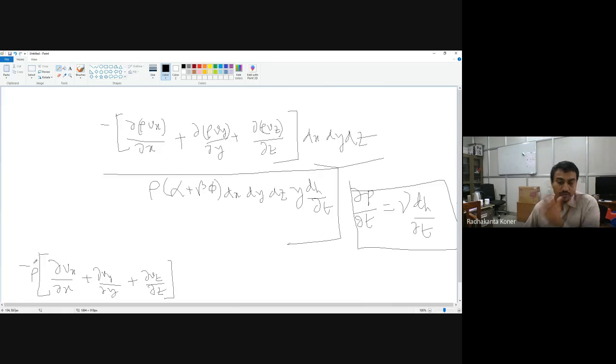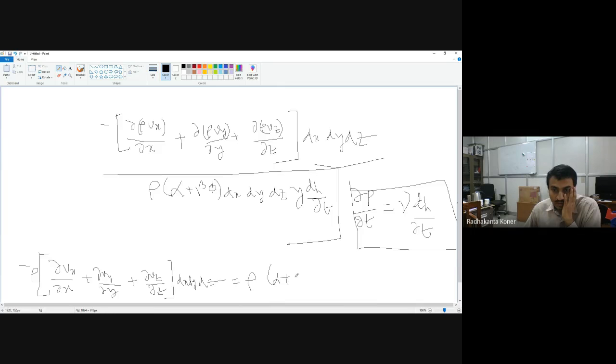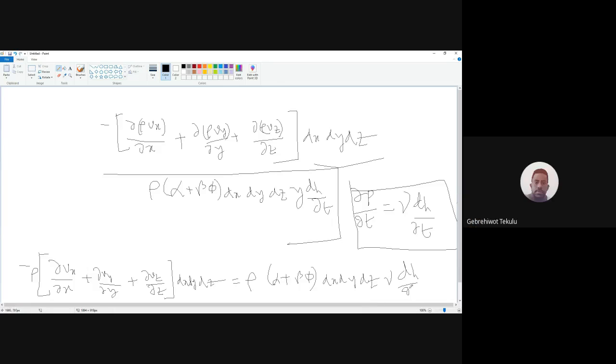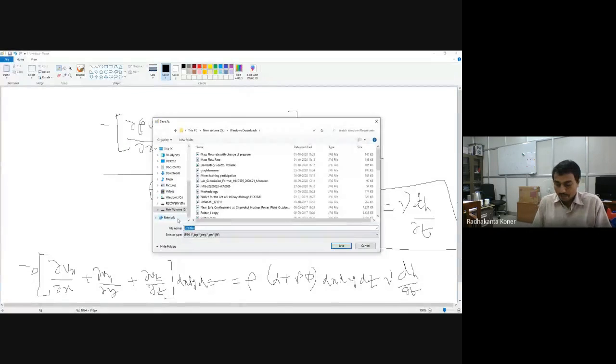Multiplied by mu coming outside, dx dy dz is equal to rho alpha plus beta phi, dx dy dz gamma dh. This gives the mass flow rate in terms of the pressure rate.